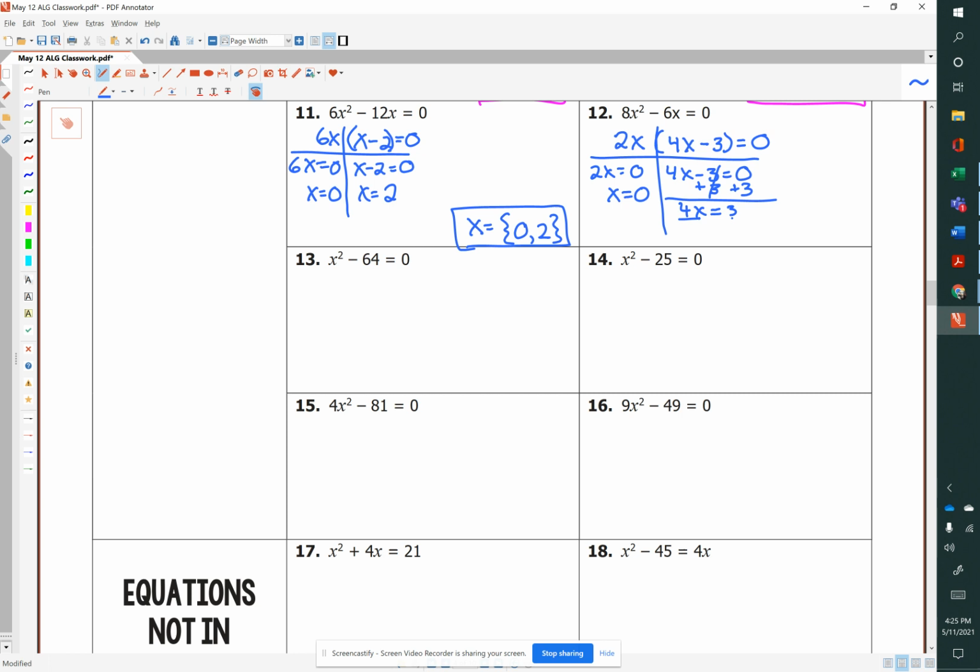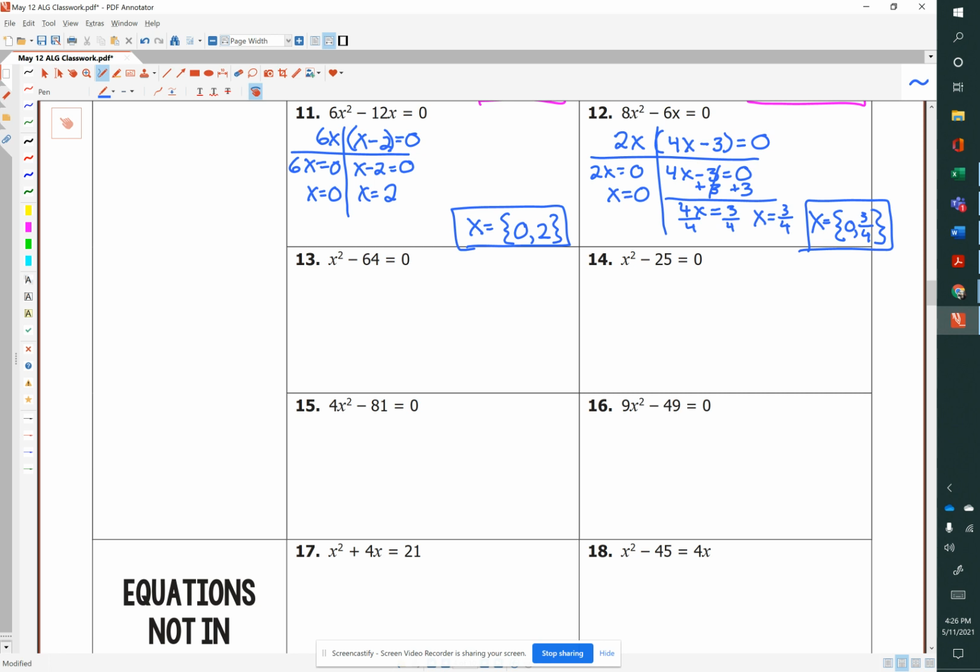And we divide both sides by 4. X equals 3/4. So our two solutions are 0 and 3/4. Okay, you're going to have some fractions sometimes.